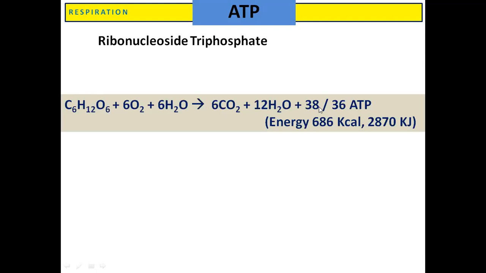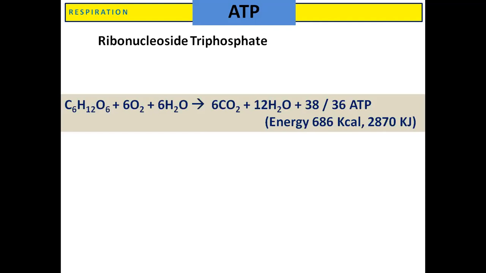These 38 ATPs produce about 686 kilocalorie energy. If we consider one ATP contains 18 kilocalorie energy and multiply 38 into 18, the energy produced is 684. The measurable energy we are considering here is 686 kilocalorie.